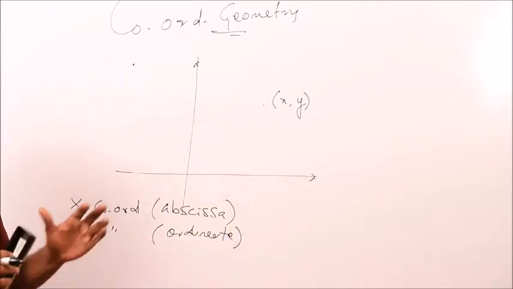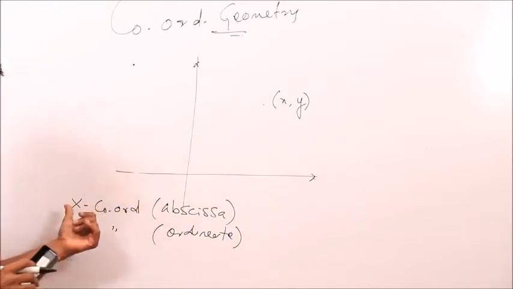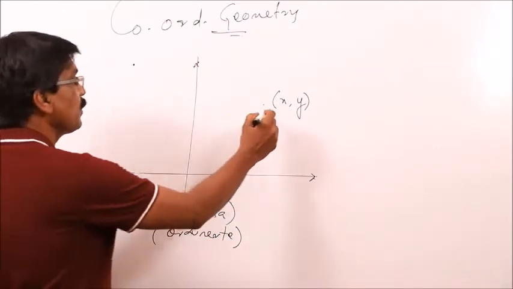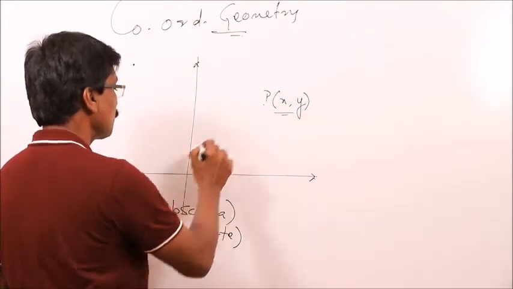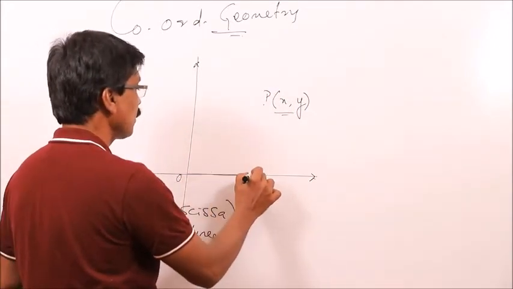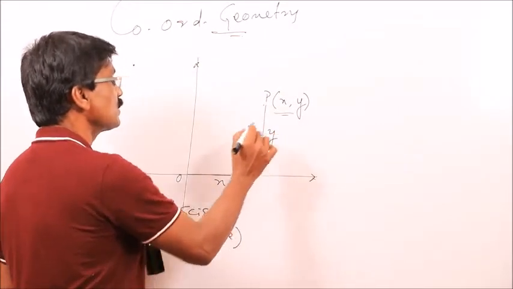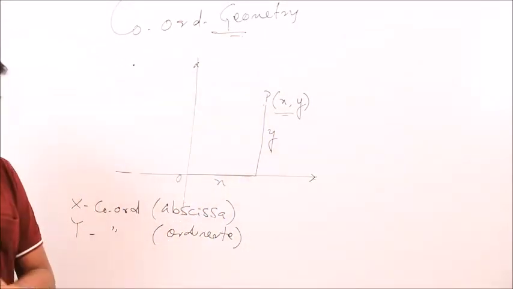So we move from the origin a distance x on the x axis, and a distance y along the y axis. So that is the point having coordinate x, y.